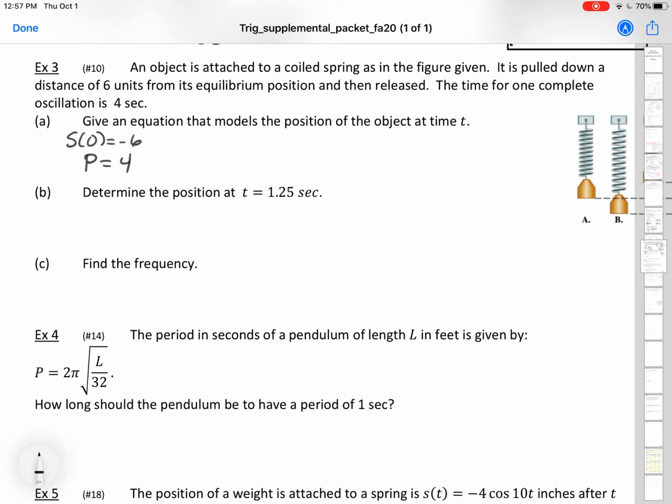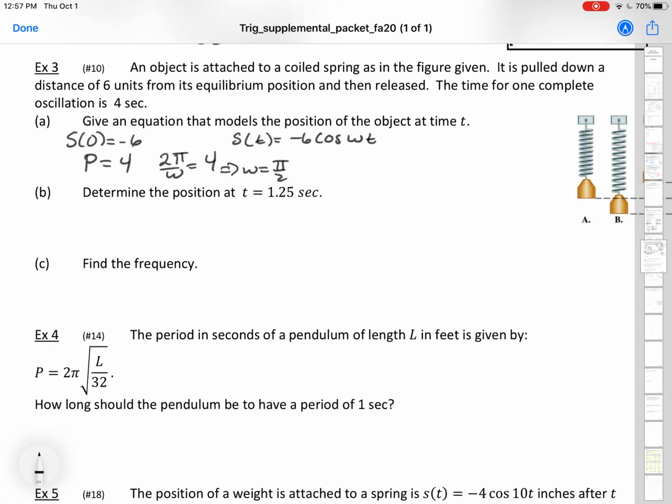Well, no problem. We're going to use our cosine again. So S sub t is equal to negative 6 cosine omega t. Well, what's omega? Well, 2 pi over omega needs to be equal to 4. So if we solve for omega, we're going to get pi over 2.